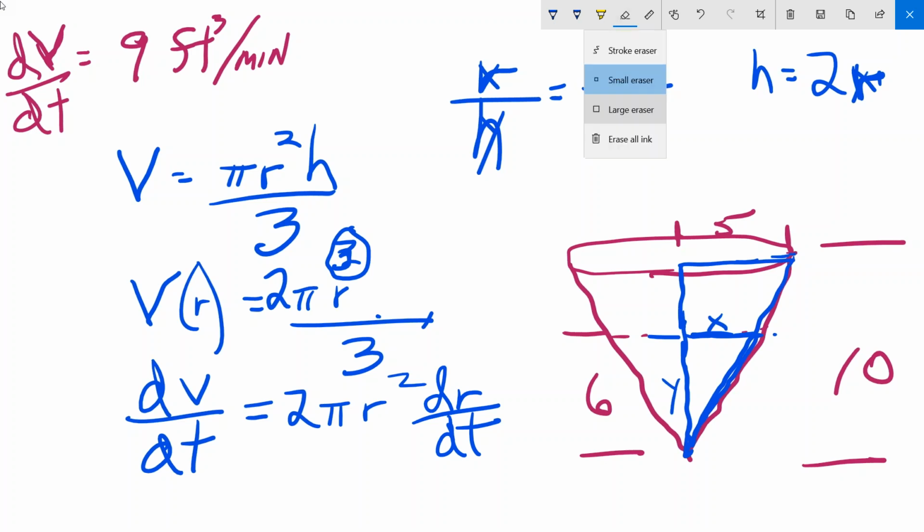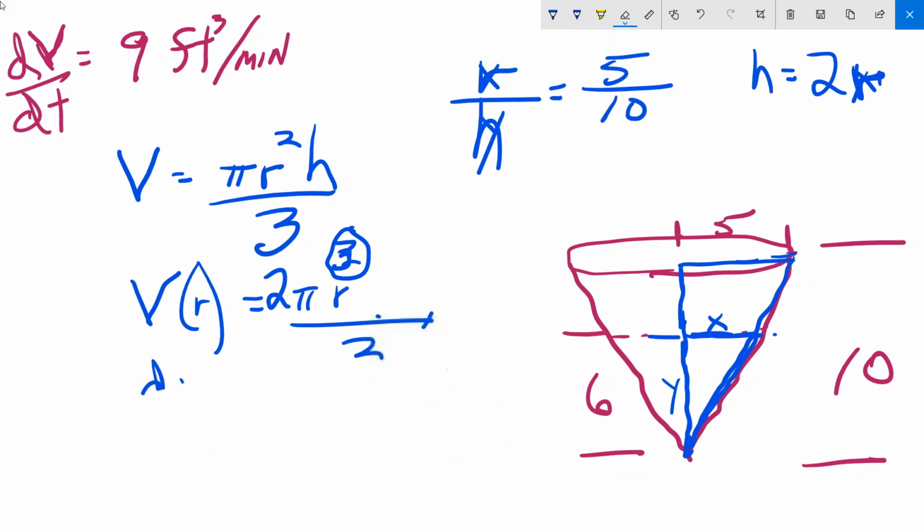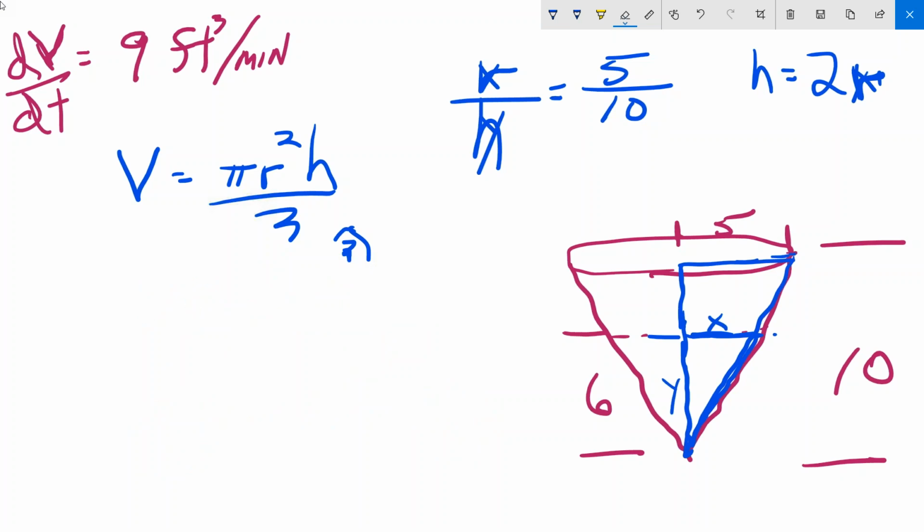I can realize right now we're not going to have a dh dt, so let's just back up. Since they're asking for dh dt, how about we write this formula in terms of h instead of r? So r equals h over 2, and I'm going to substitute that for r.